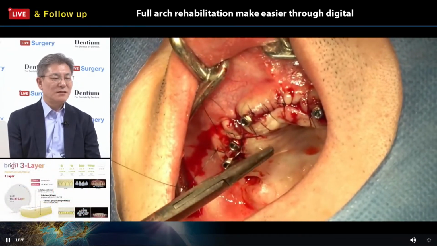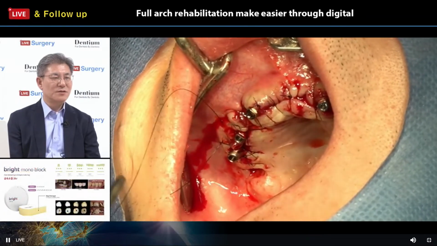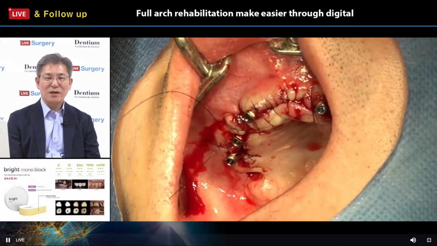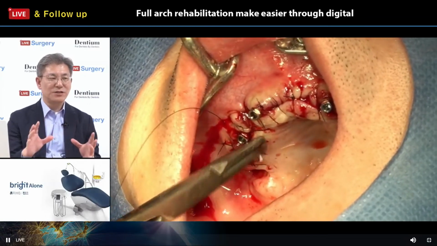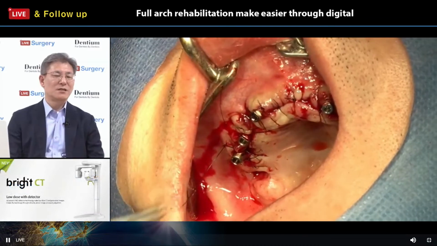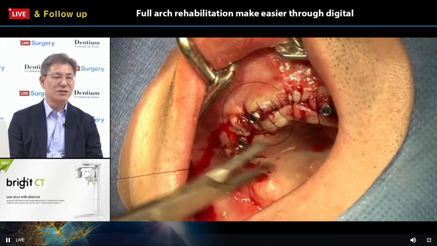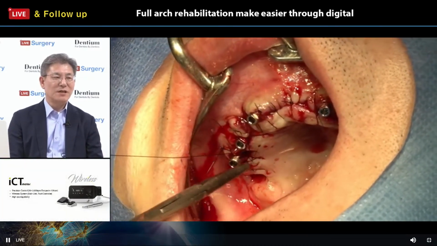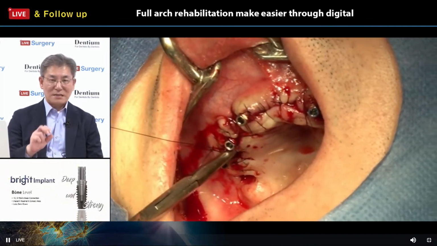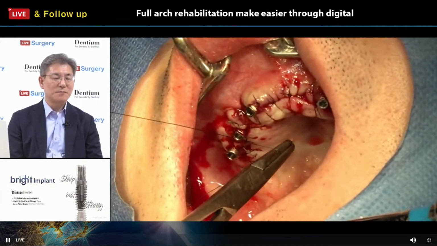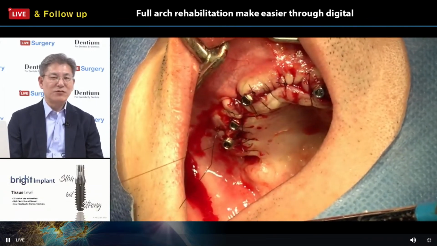Okay, after that, the normal procedure will be intraoral scanning for getting information about the soft tissue and the positioning of the implantation. This comfort cap works as a digital scanning jig. The comfort cap has a dual function.